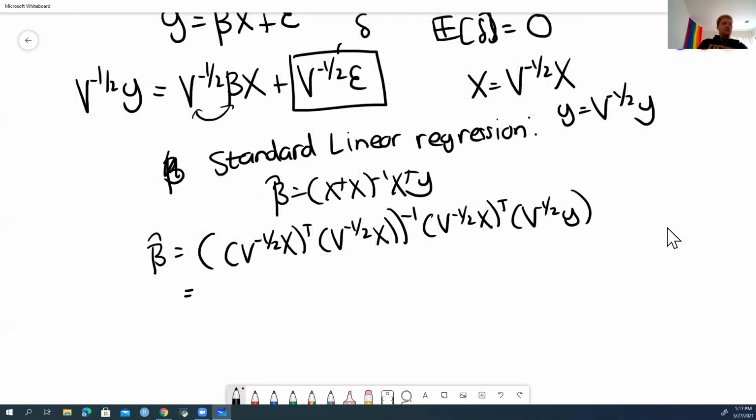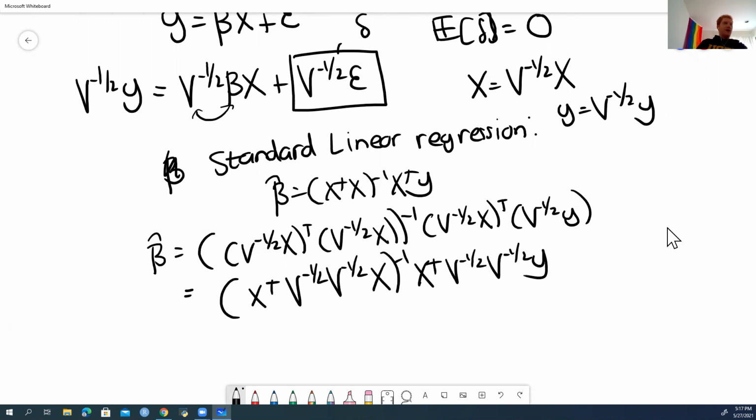Notice that V is diagonal, so it's obviously symmetric. We end up getting x transpose V inverse x inverse, x transpose V inverse y. So that's beta hat, generalized least squares.